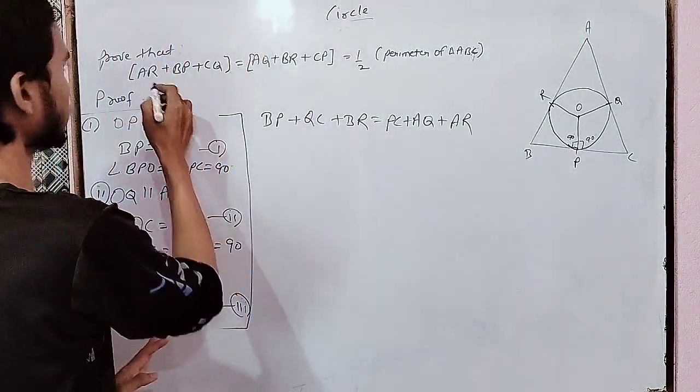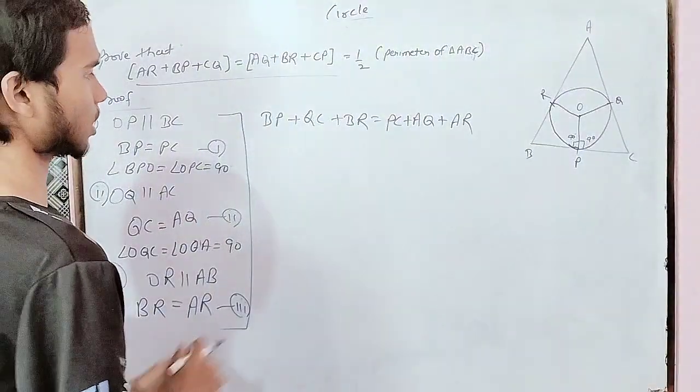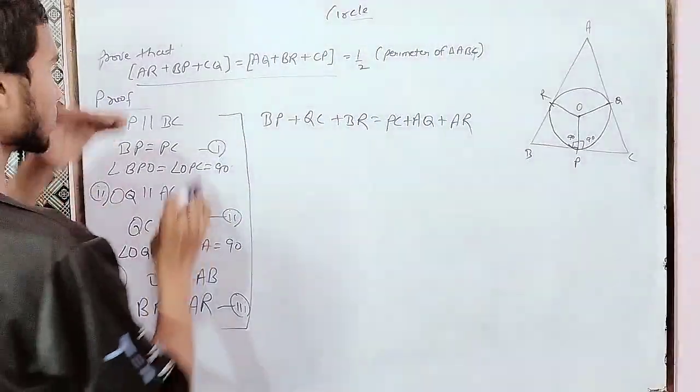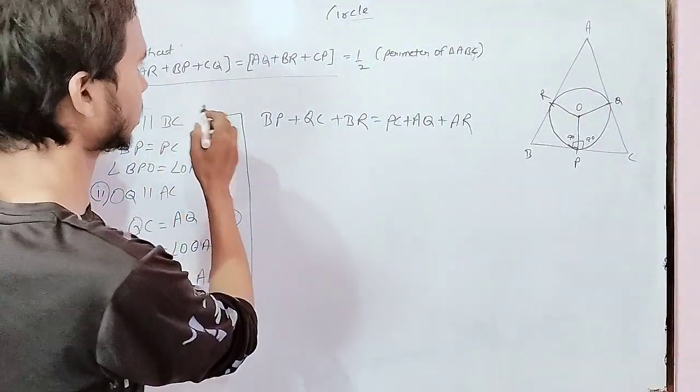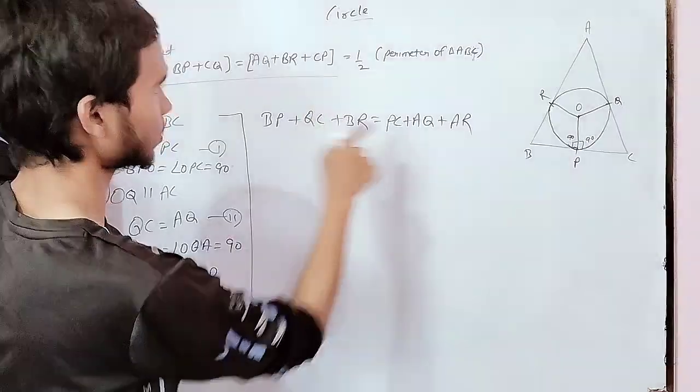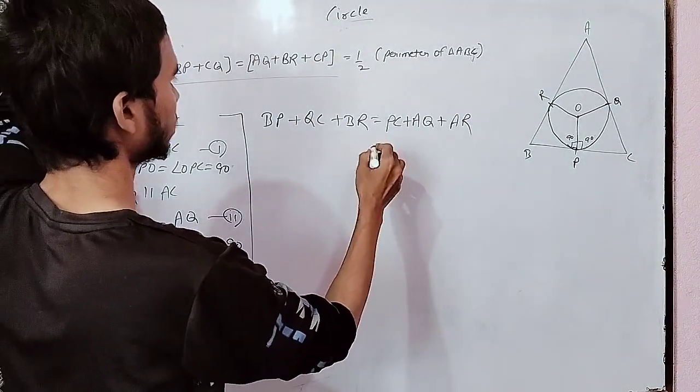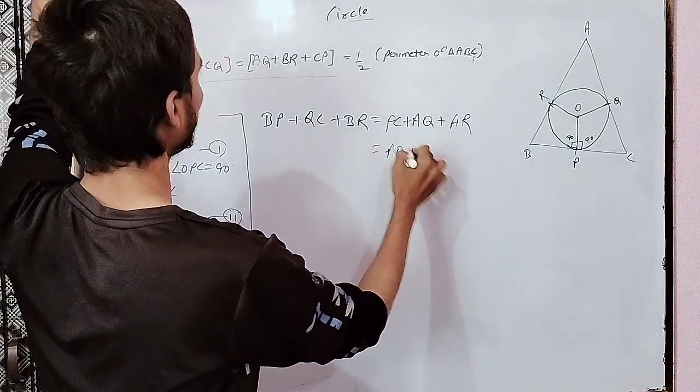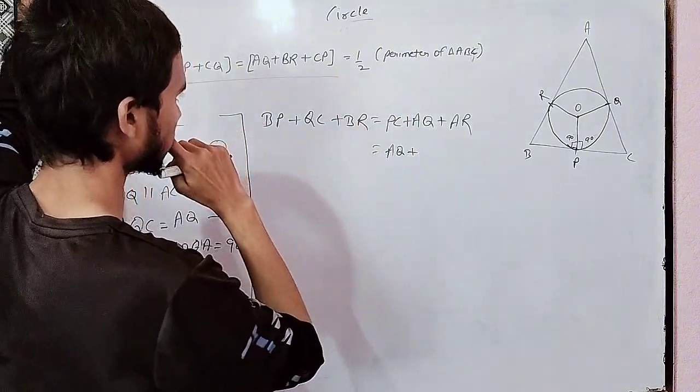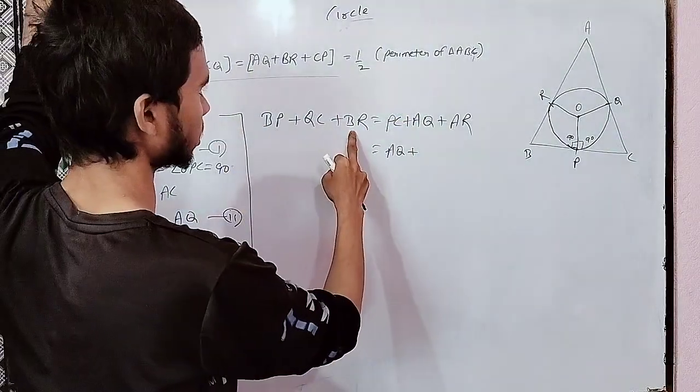Now we have proved this. We can arrange it like that. So where is AQ? This is AQ. BR, where is BR? This is BR.